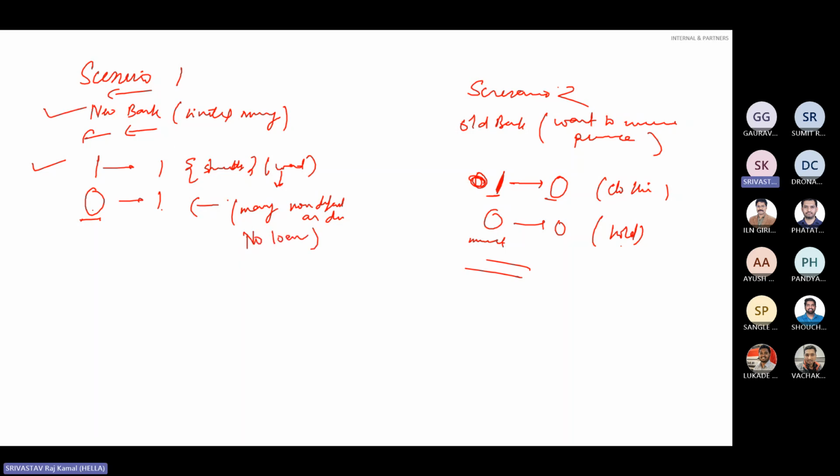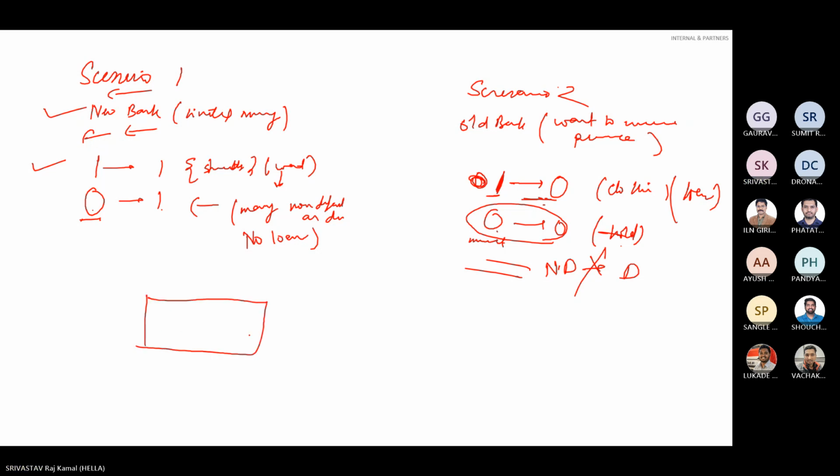That's how we see it. In the old bank case, give the loan even though they are defaulters, but this could happen because we want to hold on to this case. We do not want to make any non-defaulter a defaulter. These are the true cases. Now let's try to understand scenario 1 with the help of our confusion matrix.